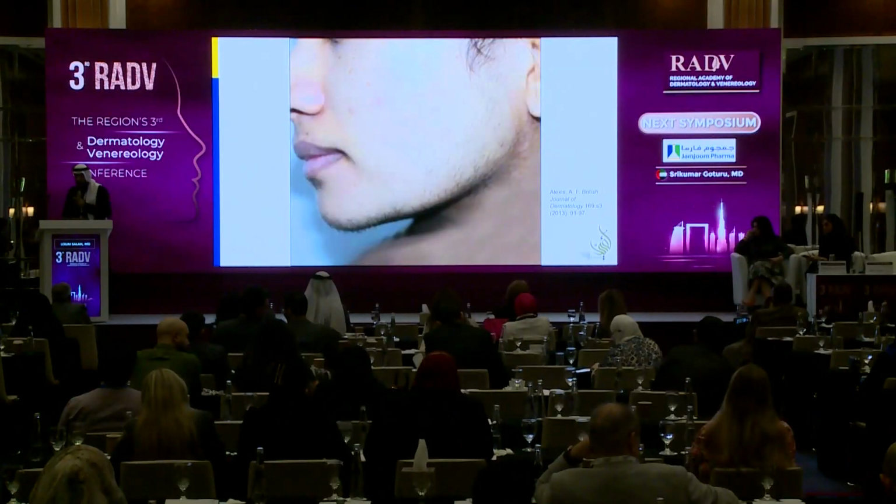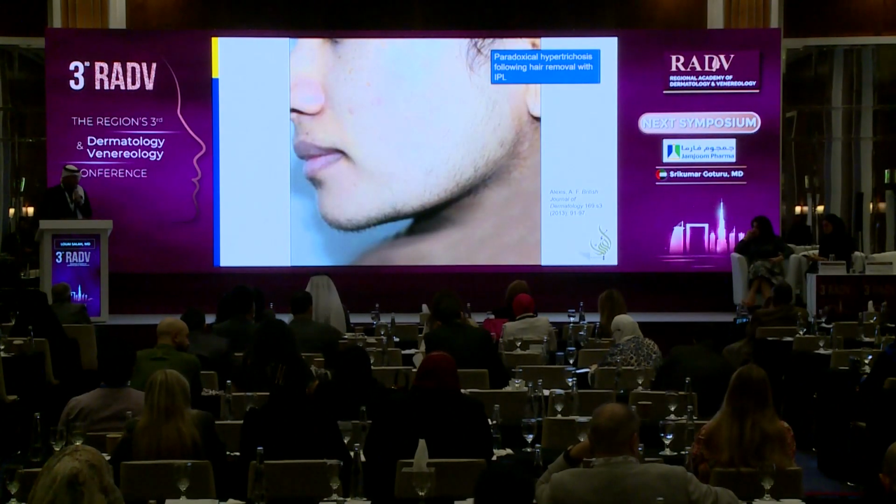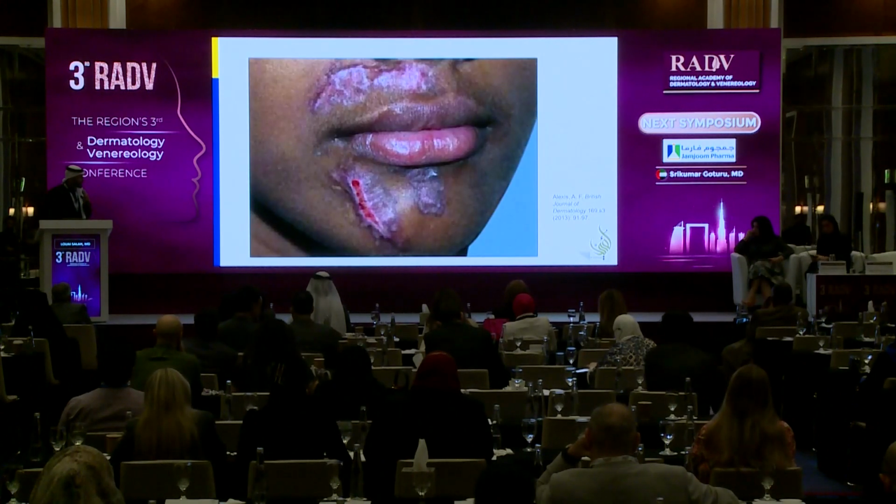And when you use suboptimal energy, you actually stimulate the vellus hair and turn it into a terminal hair, which happened in this patient. What about this one? This is using CO2, which is not the best option. Again, we can use CO2 in darker skin, but we have to be very, very safe in this skin type. Otherwise, we will get a scarring effect.